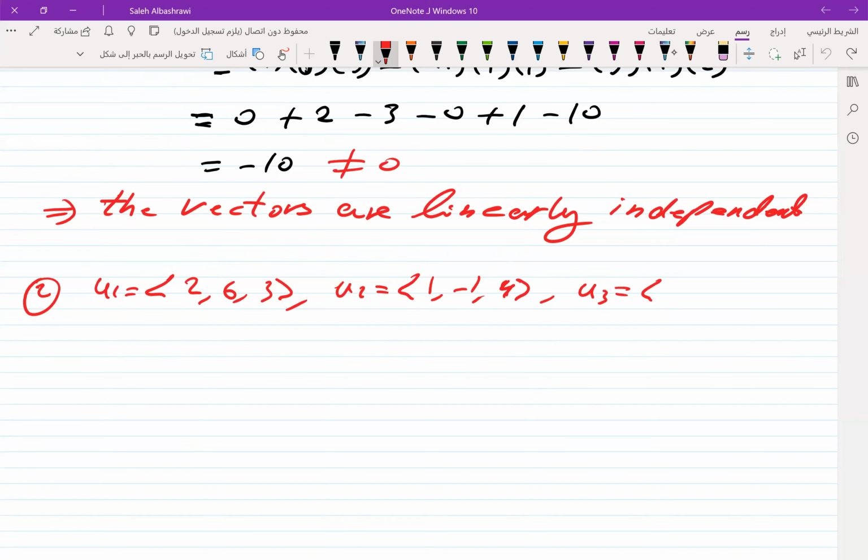U3 equal to 3, 2, 1. And U4 equal to 2, 5, 4. And we need to check whether these are linearly dependent or linearly independent.